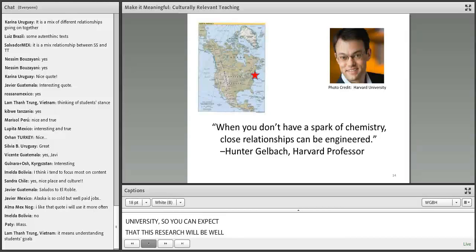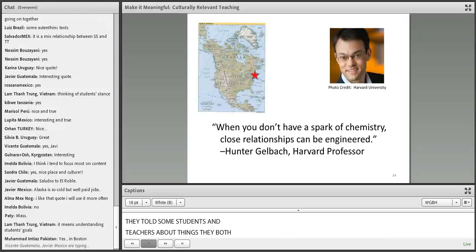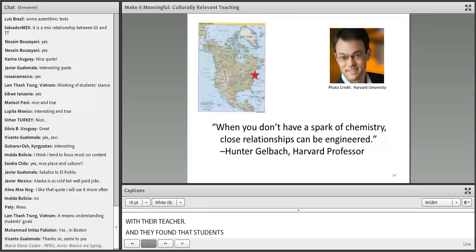Professor Gelbach and his colleagues did a study. They told some students and teachers about things they both had in common. And they compared the progress with students who didn't know about what they had in common with their teacher. And they found that students that knew about what they had in common with their teacher were able to do better in their classes and were able to do better on tests.